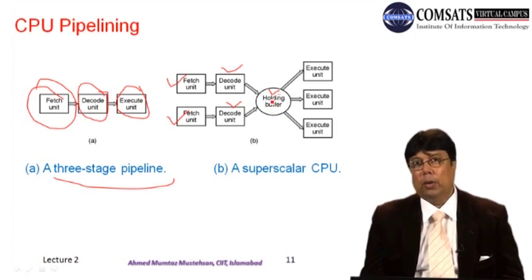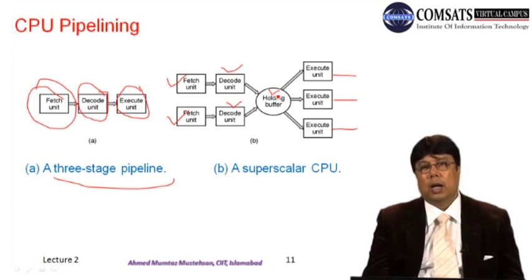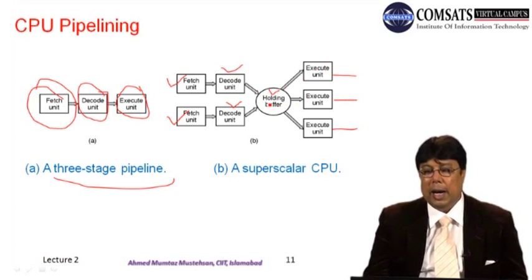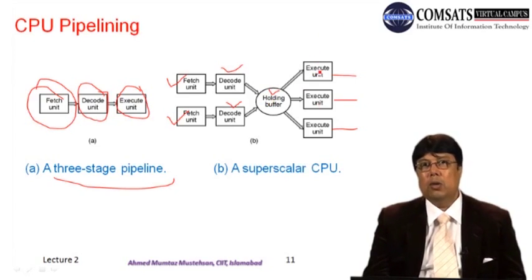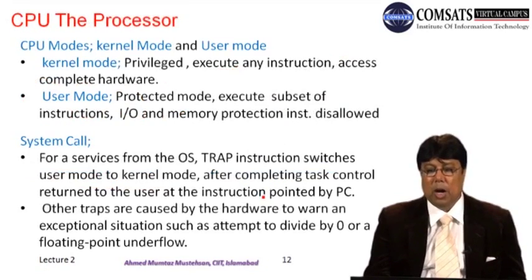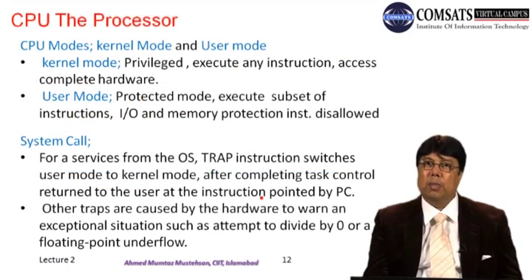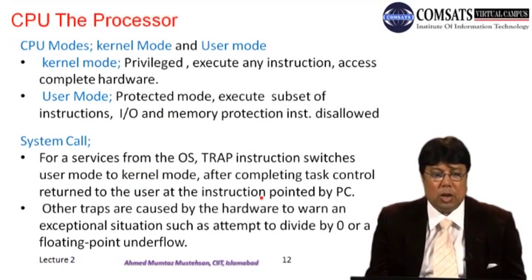And now from the holding buffer, depending upon the instructions and the three execution units, the instruction whichever is supposed to be executed, suppose एक instruction है which is waiting to be executed here, but this is free, so the next instruction from that buffer will go there and will be executed. So it means that this instruction might be executed out of turn. Now it is the responsibility of the operating system to ensure that the result should be the same as it was meant to be in the instruction set.